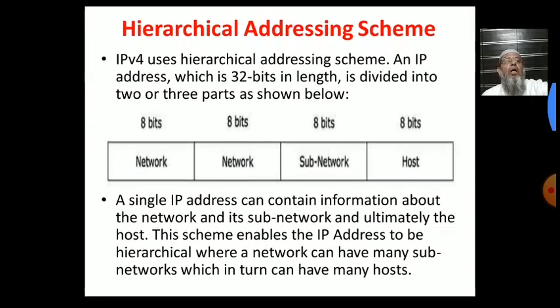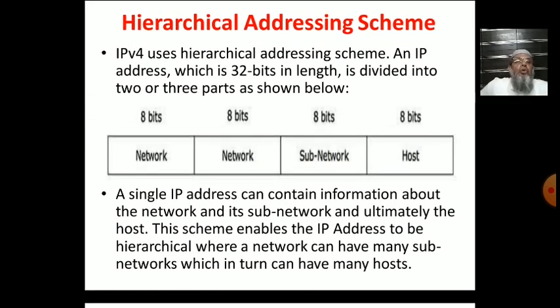Now, IP version 4 is a hierarchical addressing scheme. Hierarchical addressing scheme means that the address has some hierarchy. As we know, IP version 4 is a 32-bit address, depicted in decimal format with dotted notation.